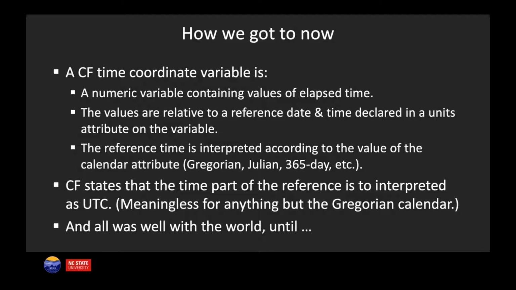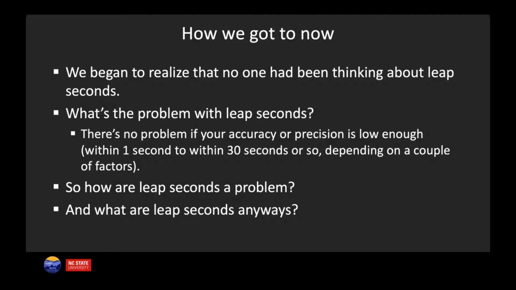CF time coordinate variables are numeric. There have been various times where people say, well, let's have strings, let's have time labels, and generally the pushback has been, no, that's not the way we do this. That's the way we are now in any event.